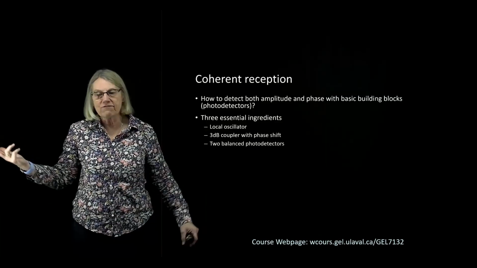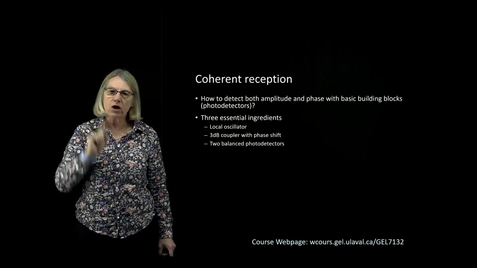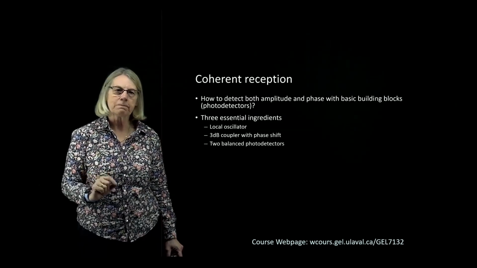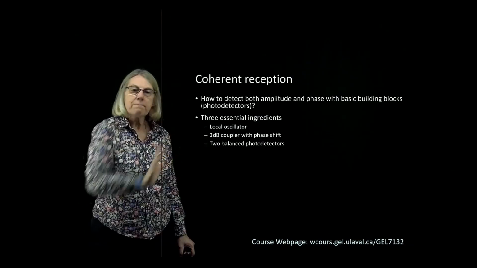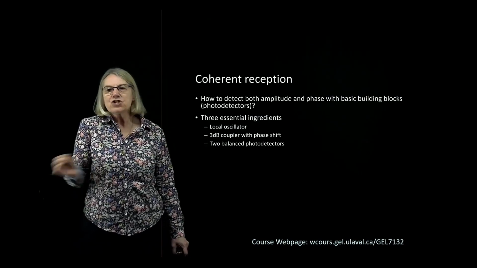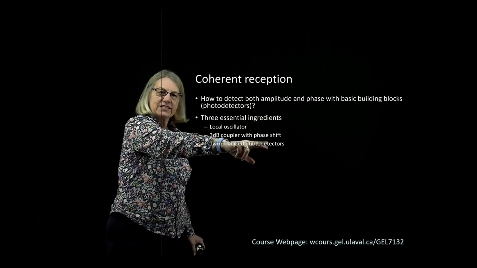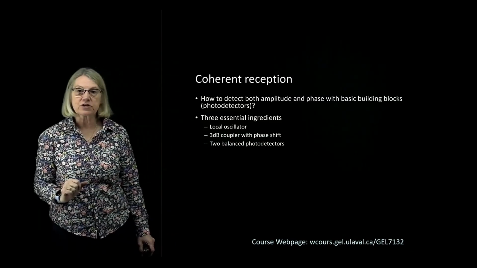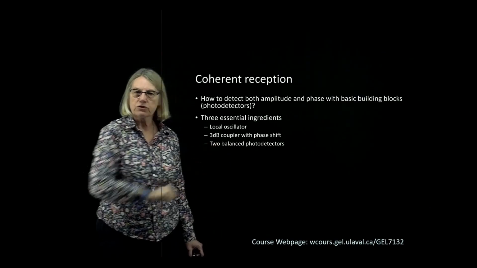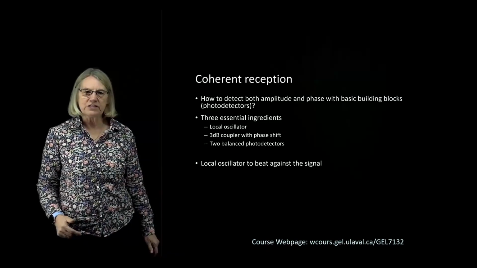Of course, we all know we have to use a laser source at transmission, but with coherent detection, we also require it at a receiver, that we need a light source at the receiver. We're going to exploit a simple 2x2 3 dB coupler also, but not just to get even power split, but also because we get to take advantage of a phase shift that also is occurring. And finally, we're going to talk about using balanced photodetectors. So these are the essential ingredients that we're going to use.